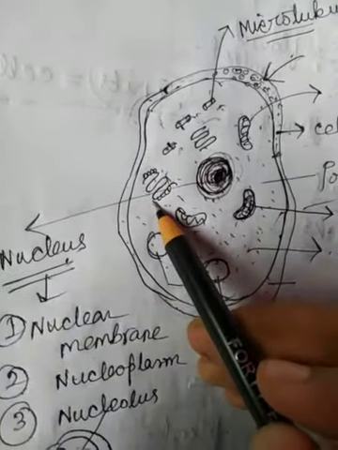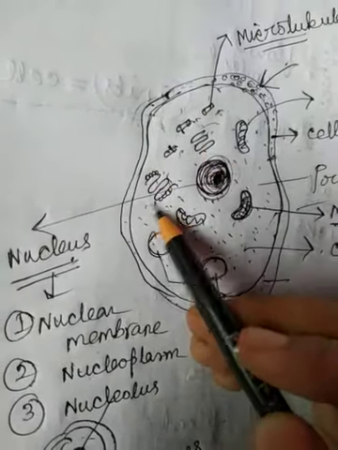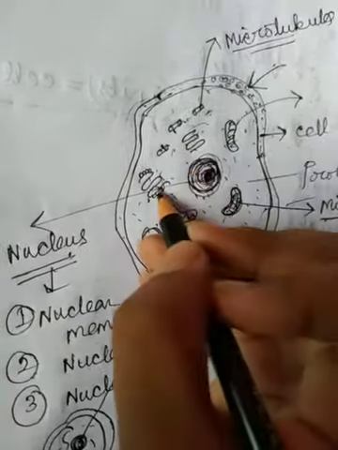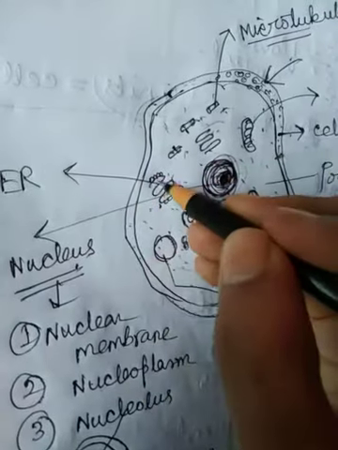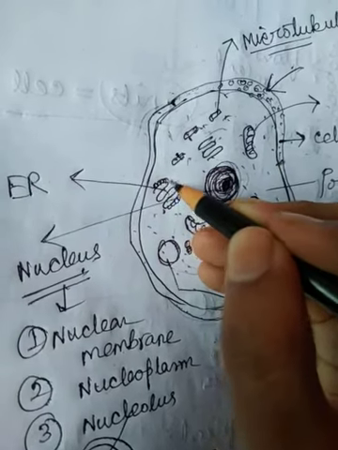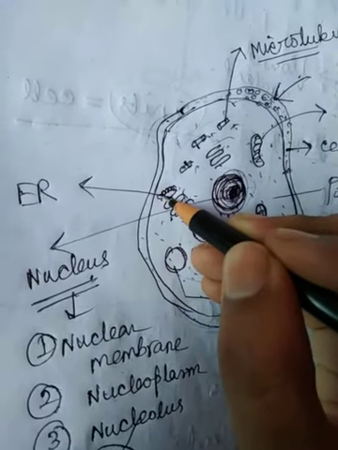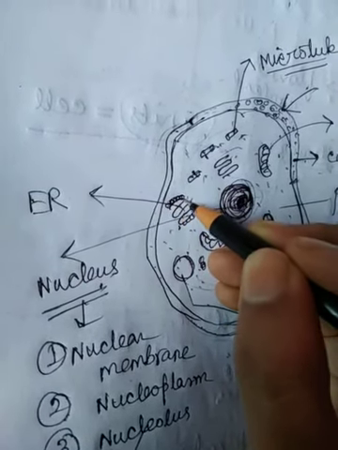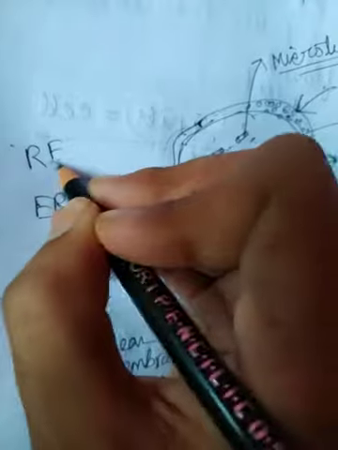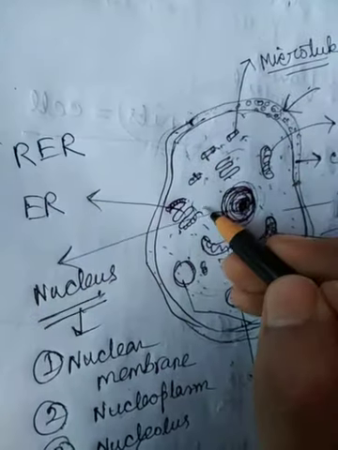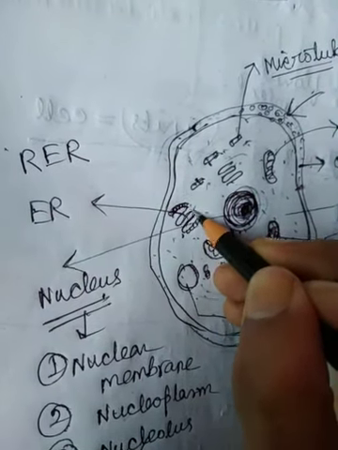Now this portion is called the ER or endoplasmic reticulum. On the outer surface there are small ribosomes present. That's why the surface is not smooth, and this is called RER, meaning rough endoplasmic reticulum, while these portions are smooth.